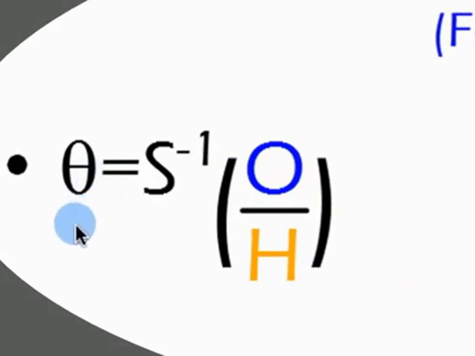The angle theta for a sine function is the inverse sine, also known as arc sine, or sine to the minus 1, or on a calculator it's shift sine. So theta, the angle, is equal to sine to the minus 1 of opposite over hypotenuse. So if we know the opposite and the hypotenuse, we divide the opposite by the hypotenuse, and then do shift sine or inverse sine of that number, and it gives you the angle.